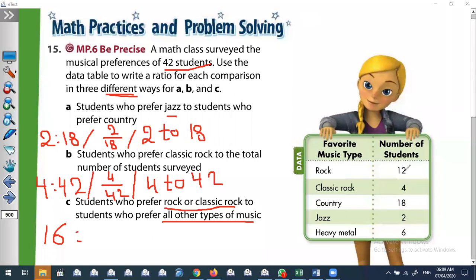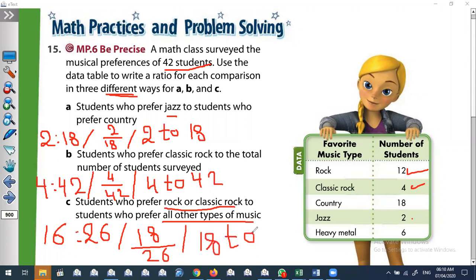Here we take 12 and 4. And we still have 18 to 6. 18 plus 2, 20. 20 and 6, 26. The others are 26. Or 18 over 26, or 18 to 26.